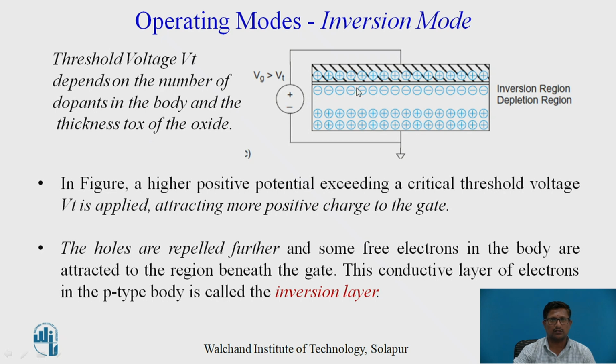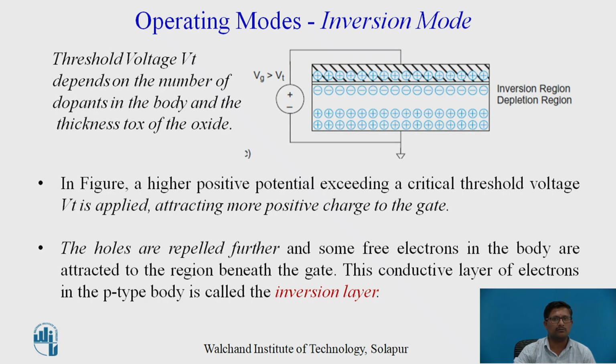As shown in the figure, VG greater than VT is applied at the gate terminal. It will attract more positive charge towards the gate. The holes are repelled further from the p-type body and some free electrons in the body are attracted to the region beneath the gate.